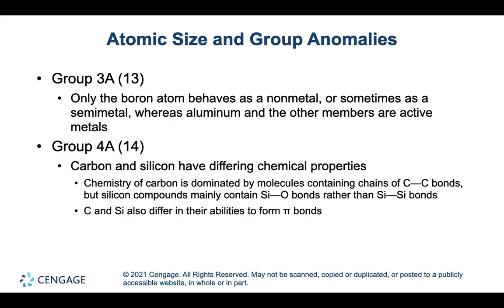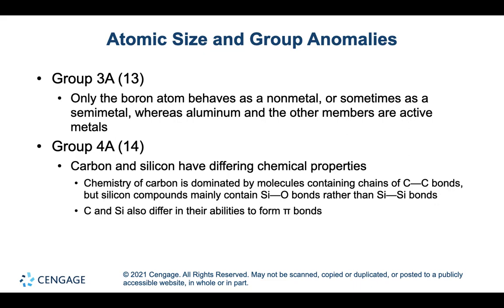In group 4A, we have carbon, which is definitely a nonmetal, although the graphite form does conduct electricity because of the unique way graphite bonds. Silicon is more brittle and a semiconductor, so it's kind of in between metal and nonmetal, although it's shiny and like a metal. But then below silicon, you start getting into the other elements in group 4, like tin and lead, and they're obviously metallic in their properties.